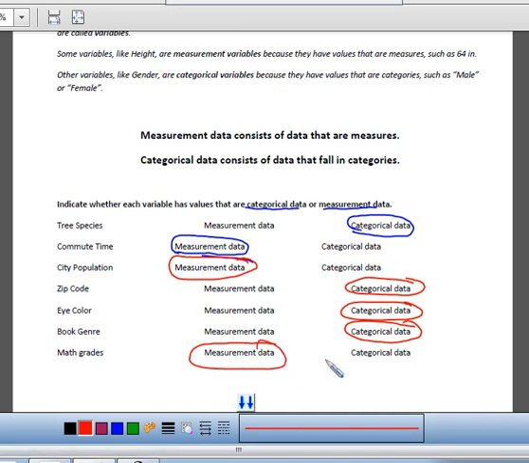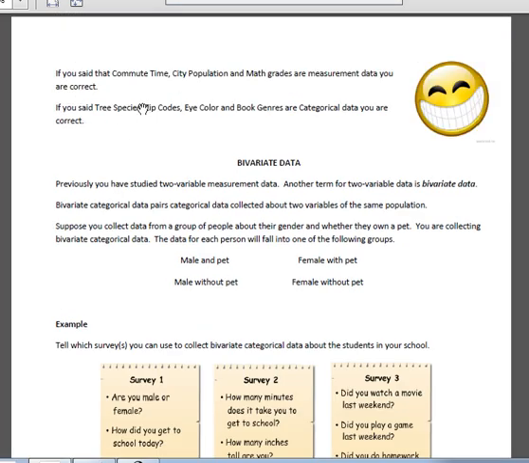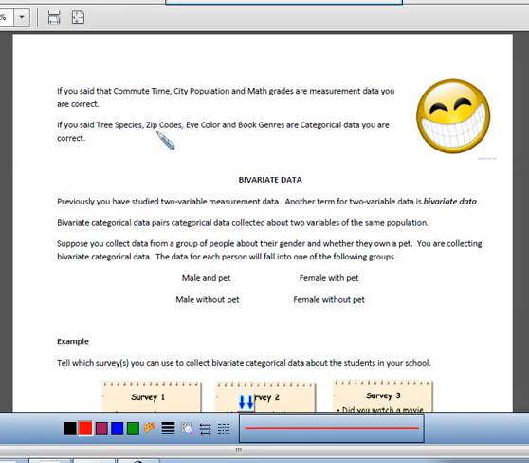Okay? So, over on the next page, page 29, is all those answers. If you said commute time, city population, math grades as measurement data, you are correct. The only one I think that might have confused some people is zip codes. Yes, zip codes are numbers, but those numbers are categories.